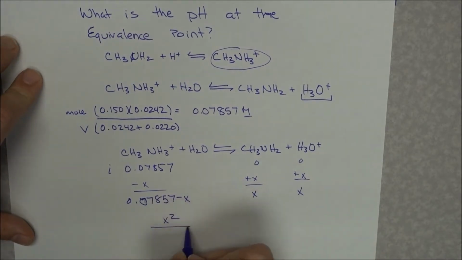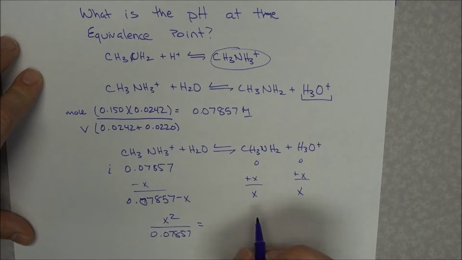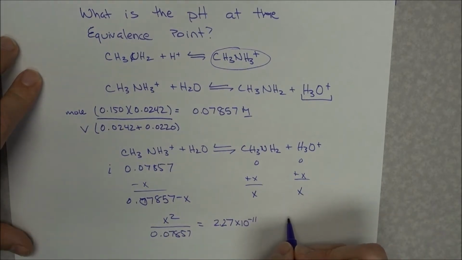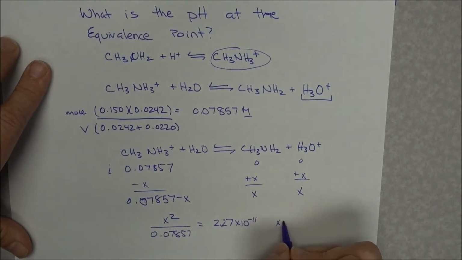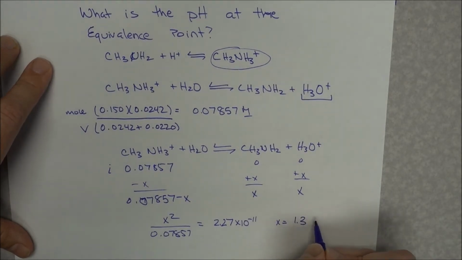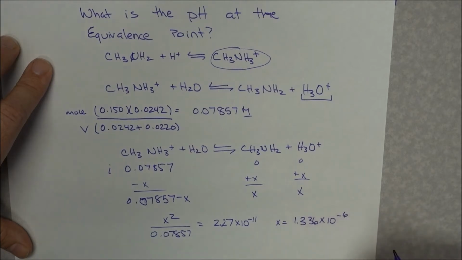Setting this up and doing our small x approximation, this is going to be equal to the Ka, and we calculated that before, and that was 2.27 times 10 to the minus 11. So when we go through and solve for this, we get an x that has a value of 1.336 times 10 to the minus 6, and our pH is 5.87.